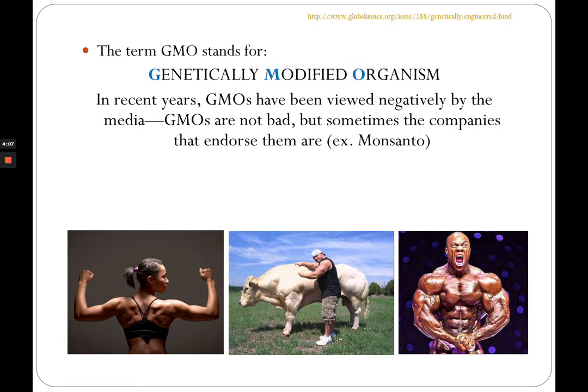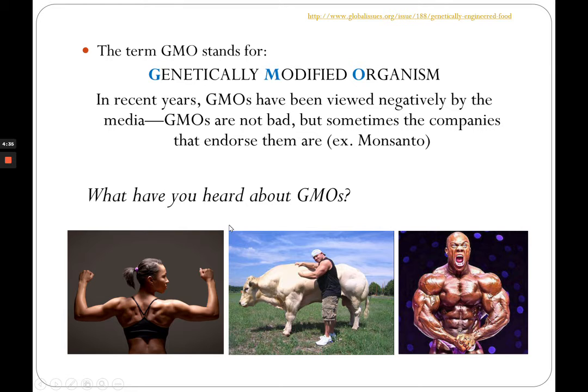A good example of this is Monsanto. A lot of you may have heard of that particular company, and maybe some of you haven't, but this company has been thought of by a lot of people as being totally evil. And unfortunately, a lot of people also associate that name with GMOs.